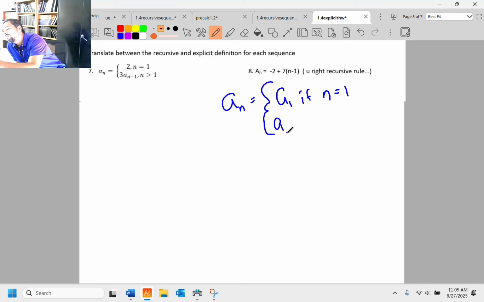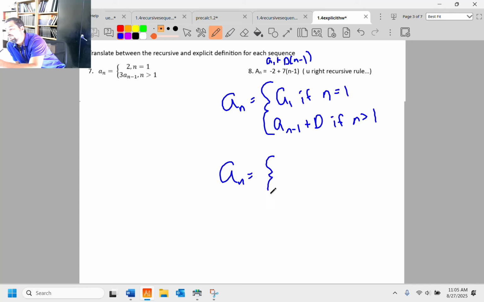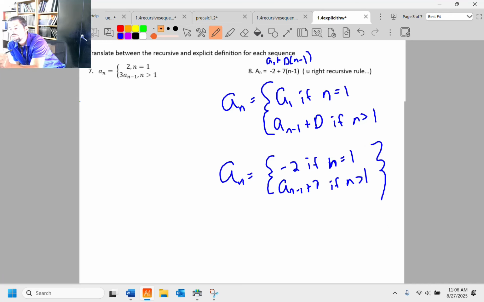Now this thing is actually laid out in the form a sub 1 plus d times n minus 1. It's actually giving you everything. So a sub n is a negative 2 if you're the first term. That's why we say n is 1. And you are the previous term, a sub n minus 1, plus 7 if n is bigger than 1. That's how hard it is. It ain't rocket science.